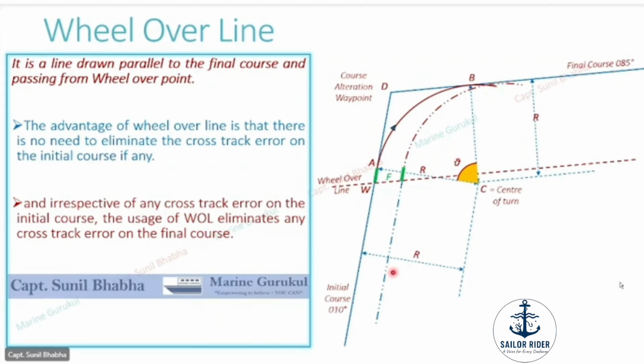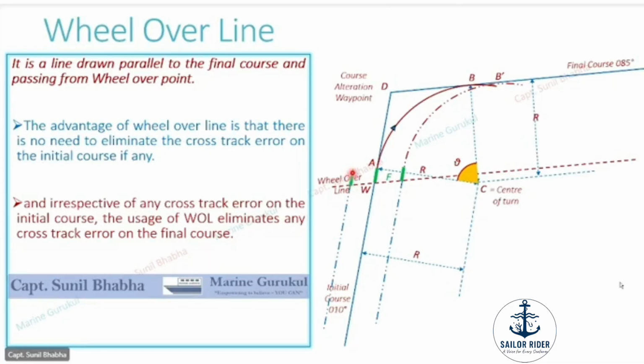Likewise, you can take another example. If we have a cross-track error on the other side, the vessel is on this side of the actual initial course. If it is moving on this particular track, as soon as it touches the wheel over line here, at this particular point you put the wheel over, and the vessel moves this much distance, the reaction distance.